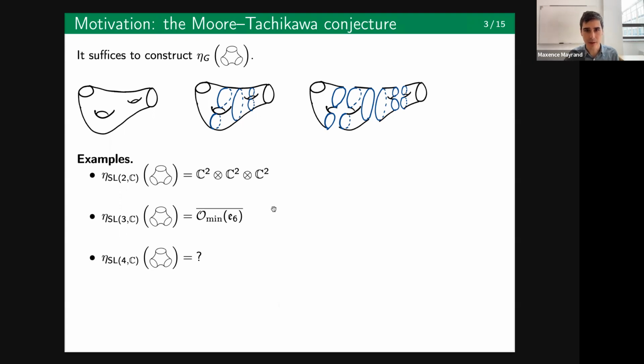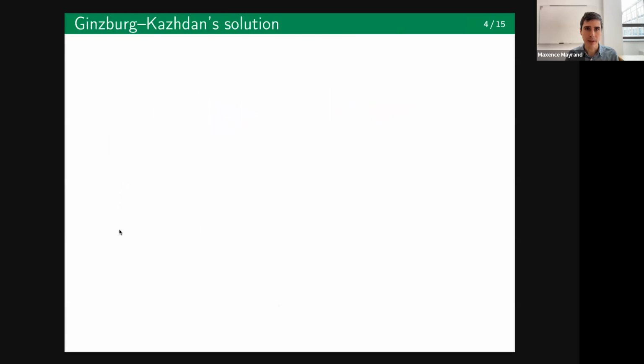It's hard to see the pattern here, like what goes next and why does E6 pop out of SL3C. So that's interesting. But Ginzburg and Kazhdan came along and they found a uniform way of constructing these varieties as follows. It's a special case of coisotropic reduction, but it has more structure, as I will explain.